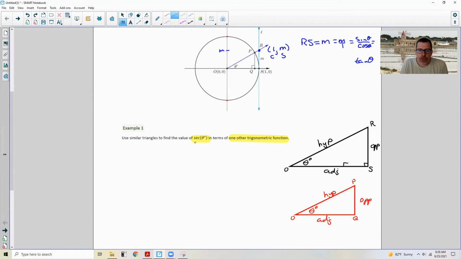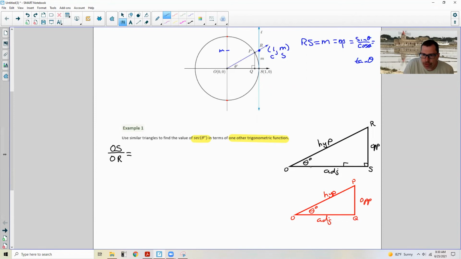We're trying to find the value of secant. So I'm going to take the original, the larger triangle, and put OS over OR. With respect to theta, what is OS over OR?